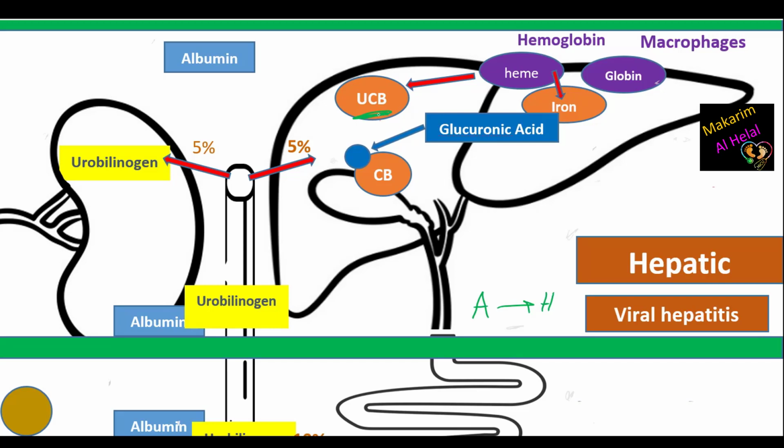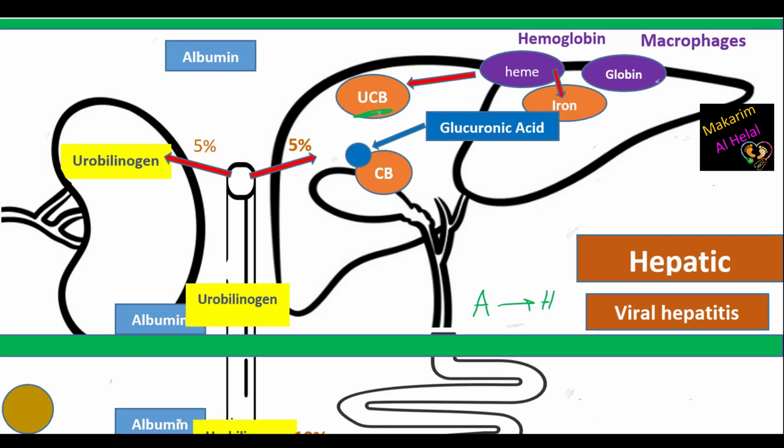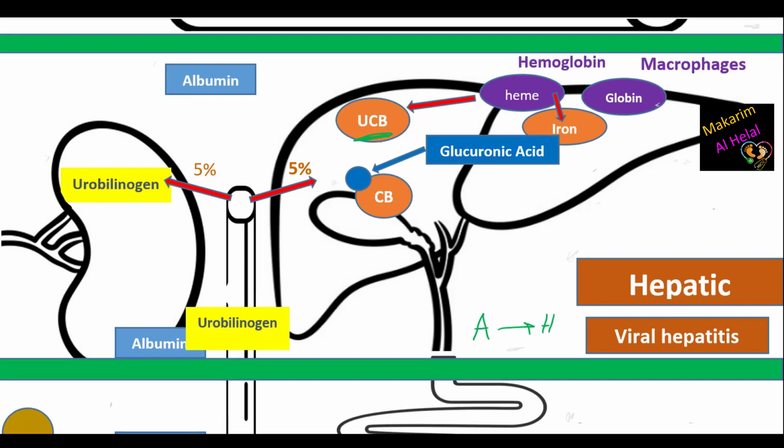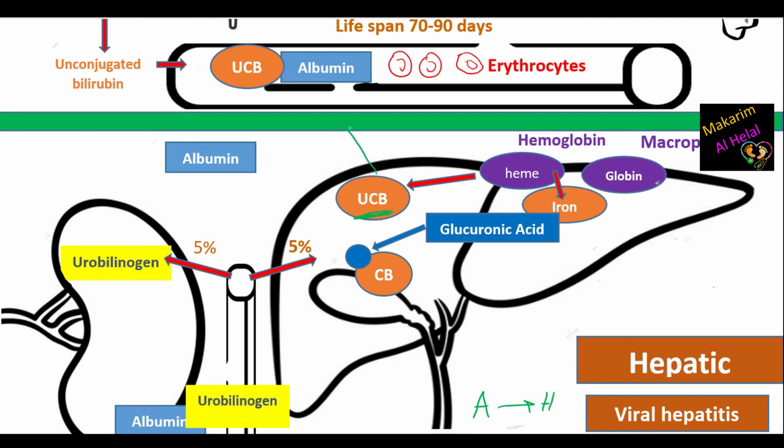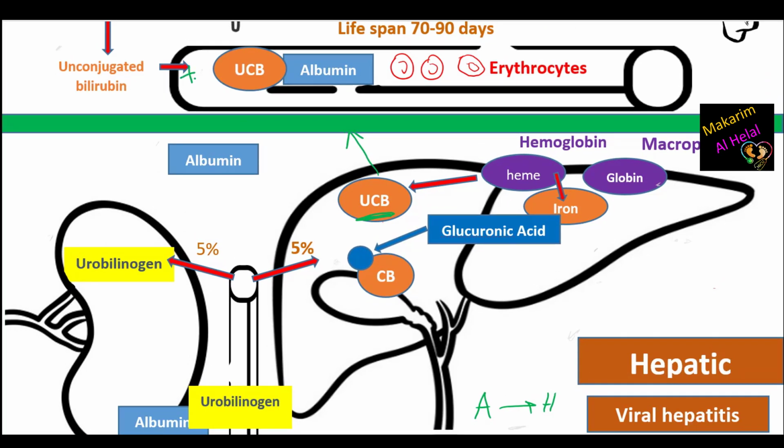So some of the unconjugated bilirubin regurgitates back to the blood. I noted unconjugated bilirubin here as 2 plus because it regurgitates back to the blood, and because it's not handled properly and not conjugated completely.